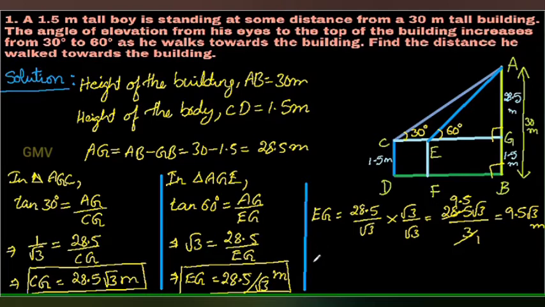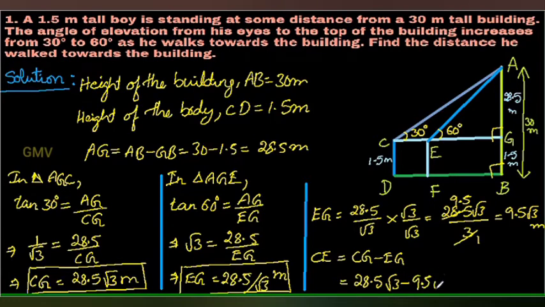So CE is equal to CG minus EG. So we have to subtract EG from CG. Then we get CE. So it is equal to CG, which is 28.5 root 3 meters, minus EG value, which is 9.5 root 3.